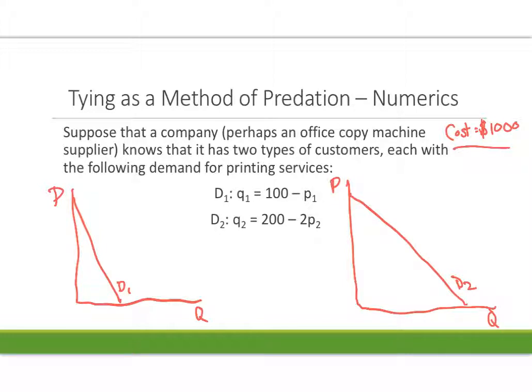Now, that's probably a little extreme because they have some paper costs, they've got some toner costs, those sorts of things. But those are going to be relatively small compared to the cost of the machine itself. So to make our math nice, for simplicity for now, we'll just assume those don't cost anything.